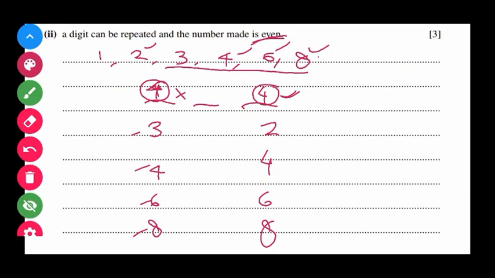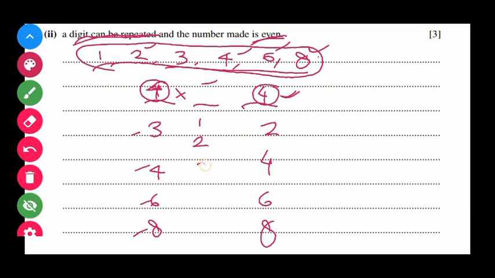Now what digits can occupy the middle place? There we use the third condition, that a digit can be repeated. So the middle place can take any of the 6 numbers: 1, 2, 3, 4, 6, or 8.